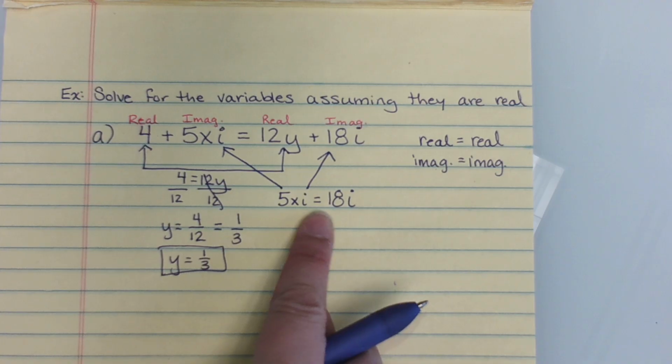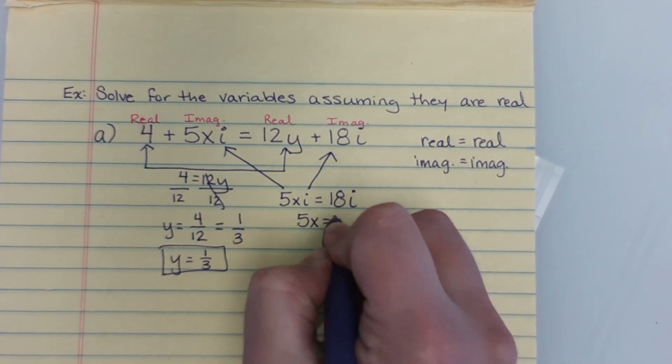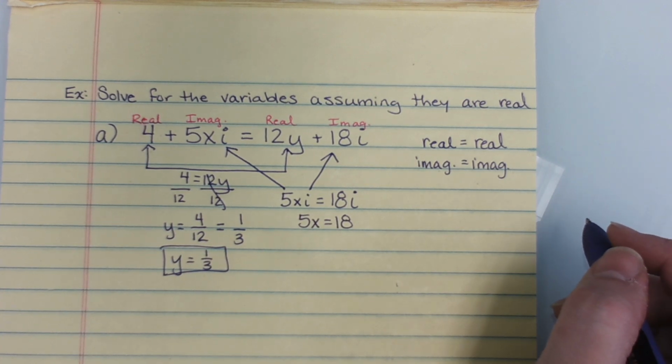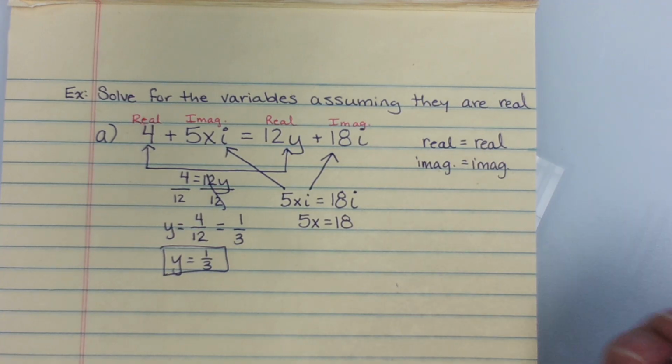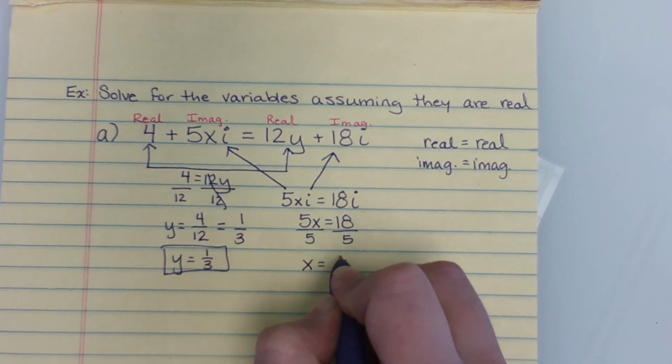If 5xi is equal to 18i, I could divide the i's off both sides, and I just get that 5x is equal to 18. How do I solve for x? Divide by 5.